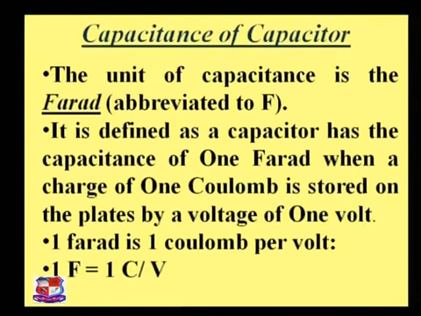But friends, the farad is a very big unit for capacitance. So in practice we do not prefer the farad. Instead, in practical form, we use smaller units like the microfarad, nanofarad and picofarad.